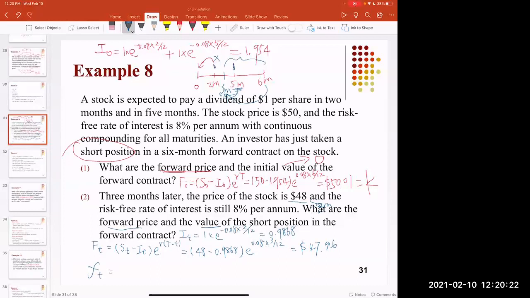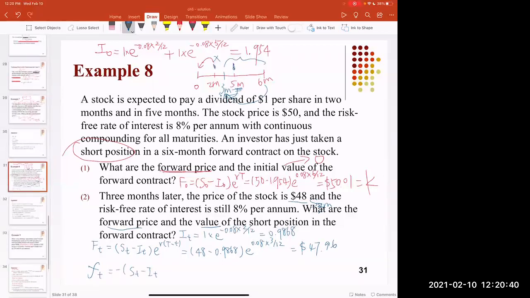And what about f_t, the value? This is a short position. So when we consider the formula, we know the long first, and then we add a negative. So for a long position, we do S_t minus I_t, right?